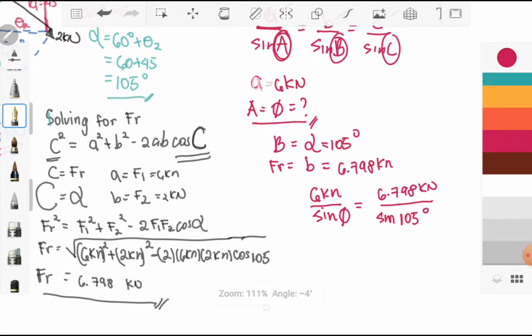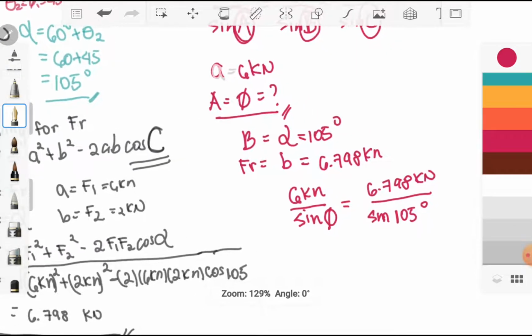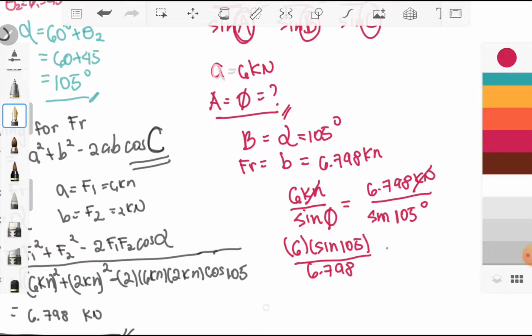Cancelling out your kilonewton, because kilonewton divided by kilonewton is equal to 1, we have 6 multiplied by sine 105 divided by 6.798, which is equal to sine phi.